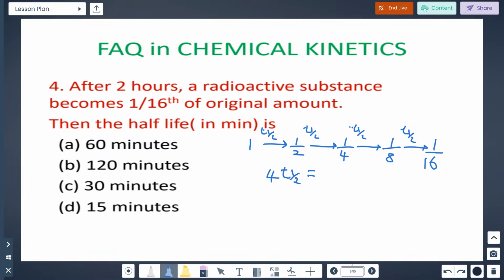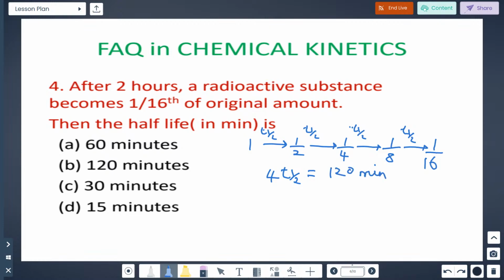See the options, all in minutes. So first we should convert the hours into minutes. Understood? So 2 hours means, for 1 hour 60 minutes, 2 hours we have 120 minutes. So 4 T 1/2 is equal to 120 minutes.